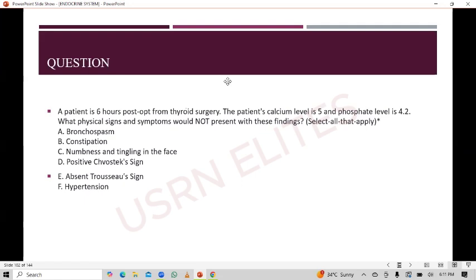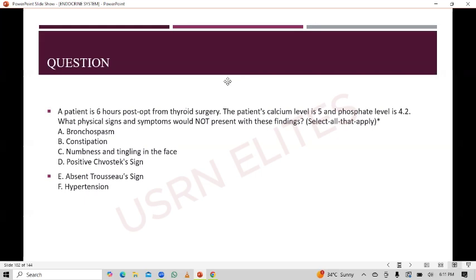A, B, E: absent Trousseau sign. Yes, A, B, E, F. I'll take A, B, E, F.